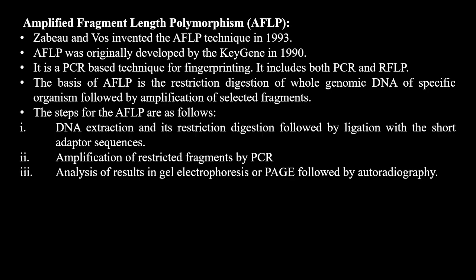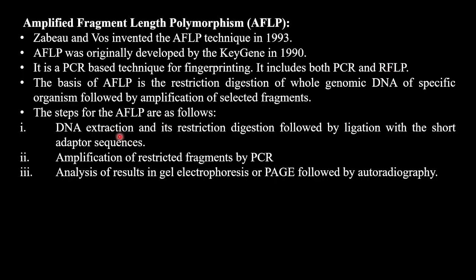Vos and colleagues invented the AFLP technology in 1993. So RFLP was in 1984, RAPD in 1990, and AFLP in 1993. It's a PCR-based technique. It includes both PCR and RFLP.